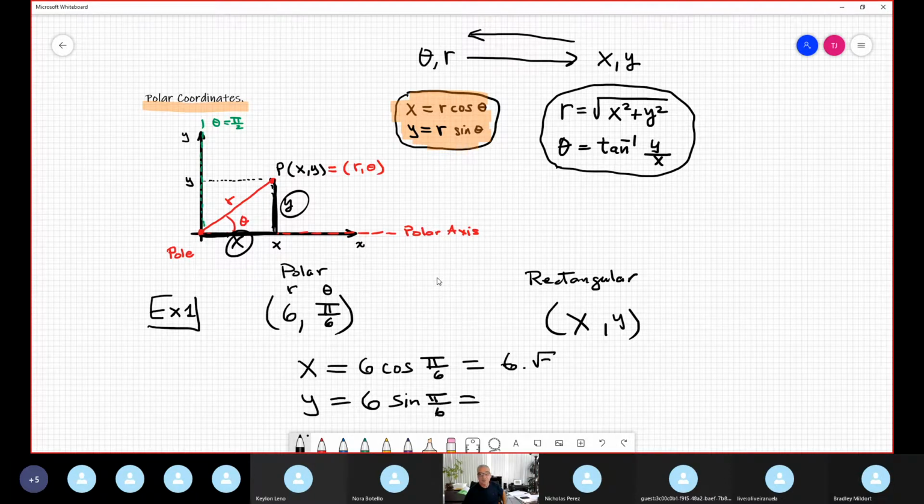Therefore, it reduces to 3 radical 3. And sine pi over 6 is 1/2, so y is 3. My point is 3 radical 3, which is the x value, comma y, which is 3. End of story. More clear?